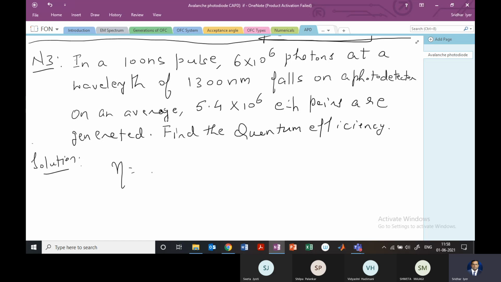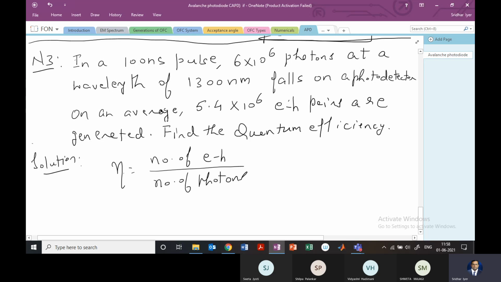At the receiver, the detector part, I am expecting the opposite. That is, how many photons are incident on the photodetector and how many of them are converted into the corresponding electrons. So basically at the receiver I'm looking at the number of photons incident, hitting the photodetector, and of them, how many electron hole pairs are generated.